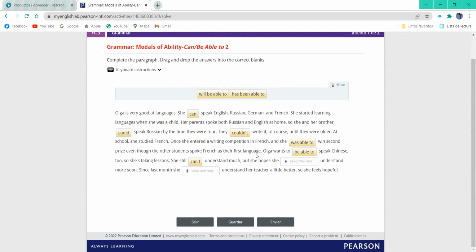At the school, she studied French. Once she entered the writing competition in French, she was able to win second prize, even though the other students spoke French as their first language.